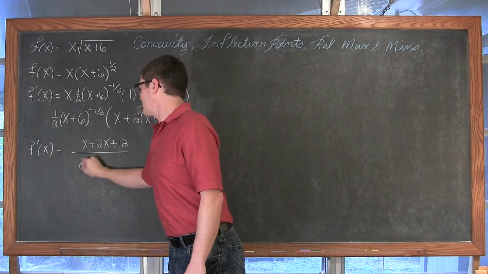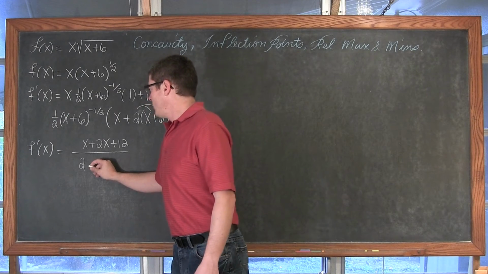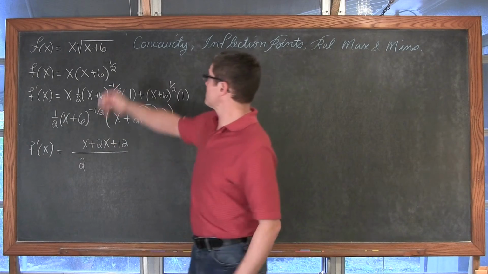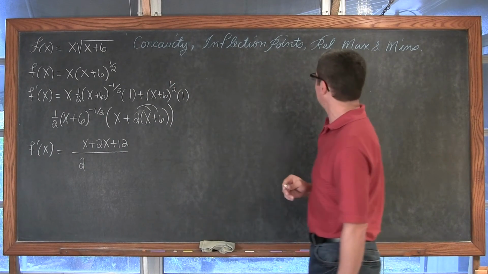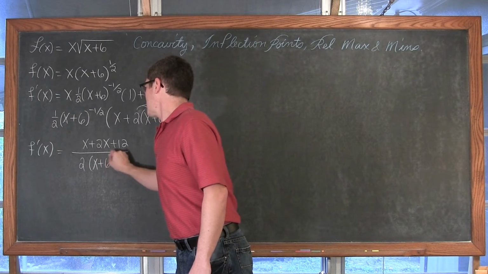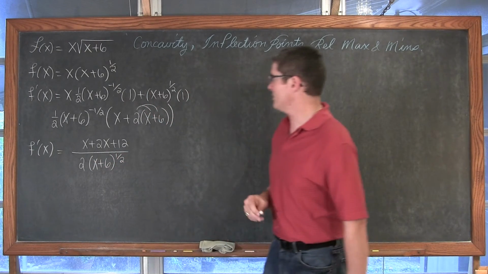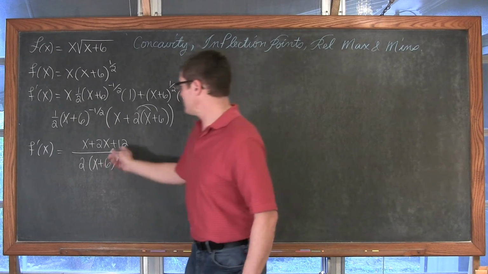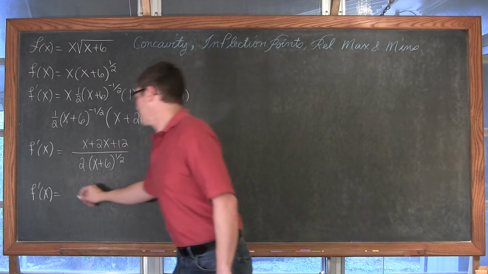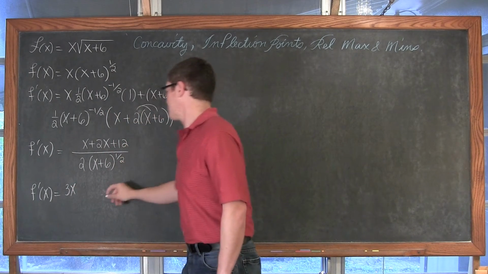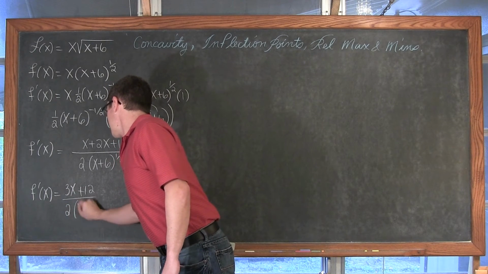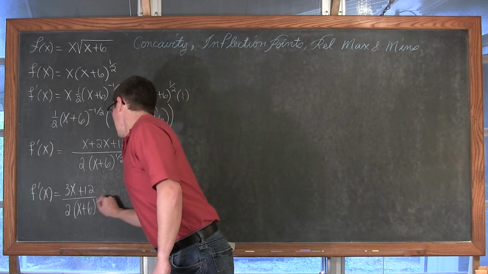On the bottom we have 2 times, well, I would write the square root of x plus 6 if I knew I was done, but I want to take one more step and find the second derivative for the concavity and the inflection point, so I'm going to leave it as x plus 6 to the 1/2 power in the denominator. And of course we add like terms, and we get the first derivative is 3 times x, plus 12, over 2 times x plus 6 to the 1/2 power.